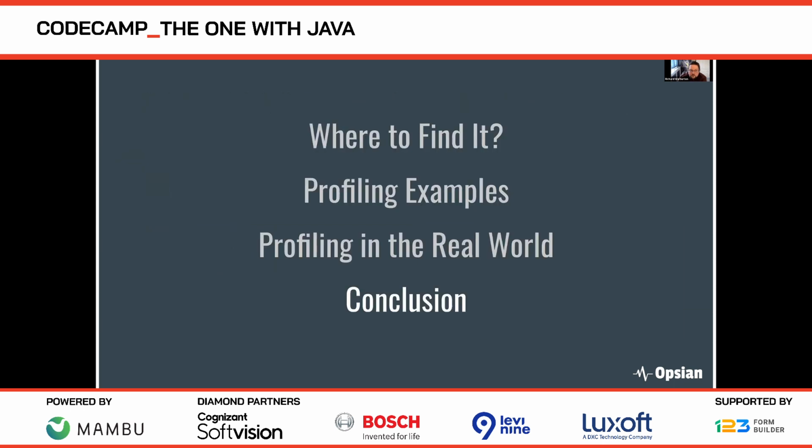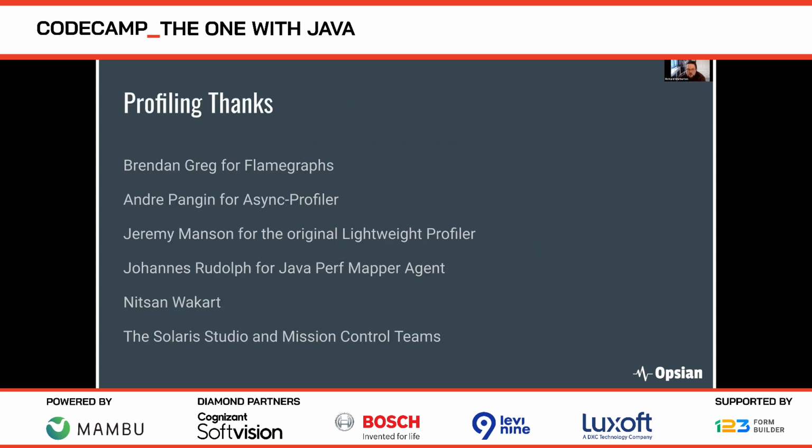Okay, so let's look at the conclusion of this talk. So firstly, a big shout out, big thanks to loads of people who've done loads of fantastic work over the years on profiling in Java and in the JVM.